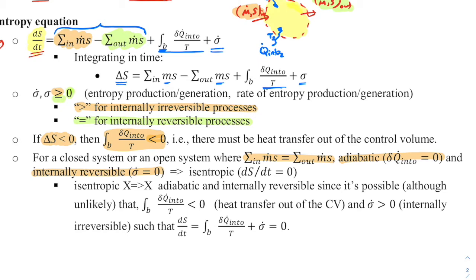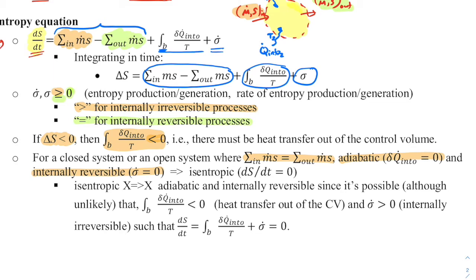So ds over dt would be 0, or delta S would be 0. If you go back up to our entropy equation, I'm going to erase a few things and just deal with the second version of it. If it's a closed system or the mass coming in equals the mass going out, the term I just circled would be 0. If it's adiabatic, then that term I've just circled is 0. And if it's internally reversible, the last term is 0, and so delta S would have to be 0 for that case, meaning that it's isentropic.